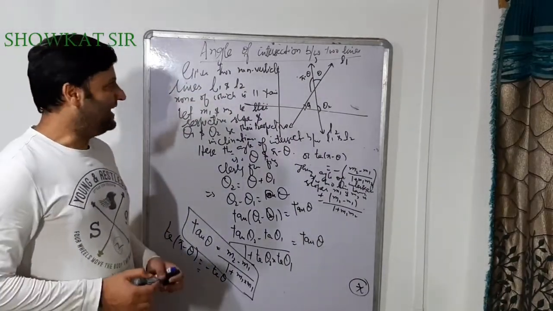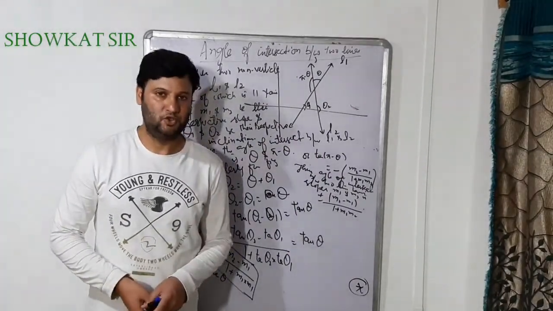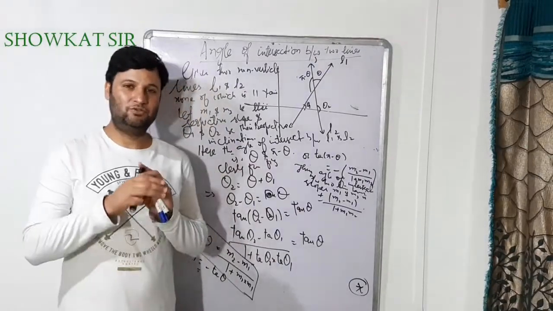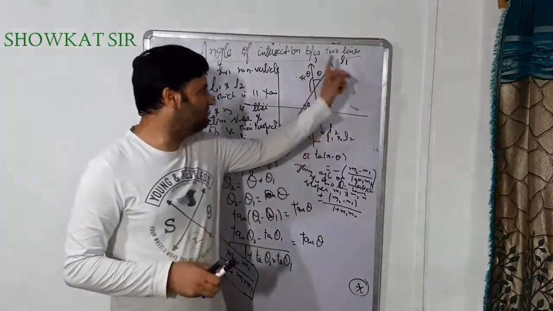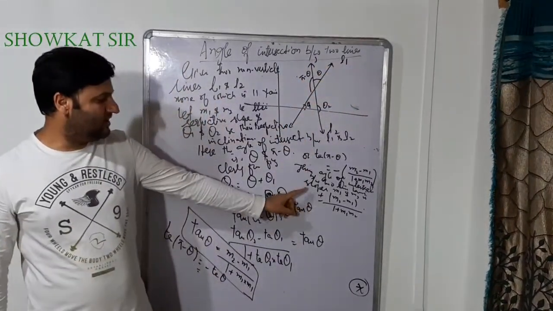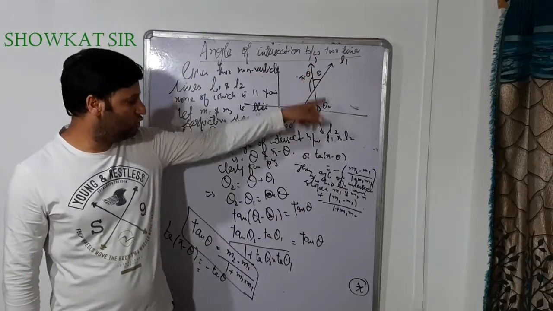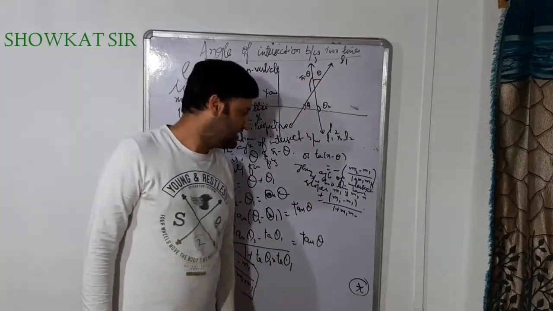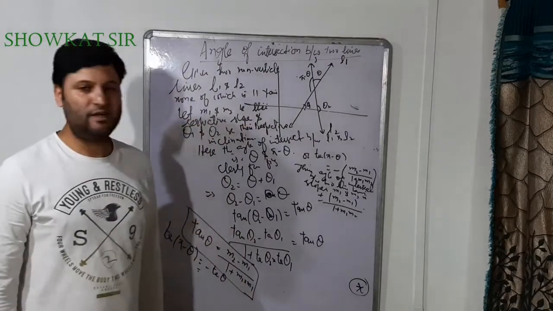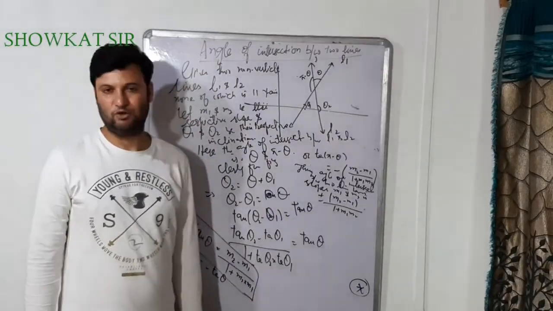So this was the angle of intersection between two lines. If you have two lines having slopes M1 and M2, then the angle of intersection between these two lines is plus minus M2 minus M1 divided by 1 plus M1 into M2.